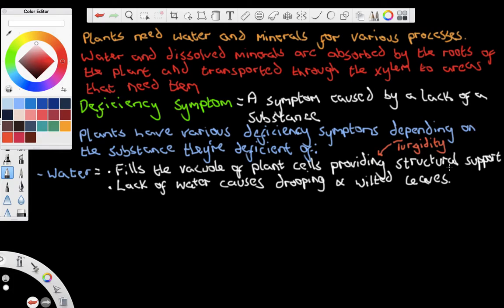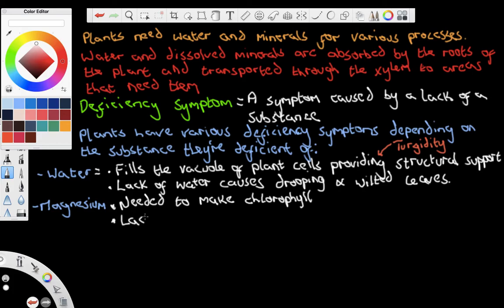Our second one we're going to talk about is a lack of magnesium ions. Another ion that plants need is magnesium. Now magnesium is needed to make chlorophyll. Okay. Now plants that are deficient in magnesium will have yellow leaves or brown drying leaves.